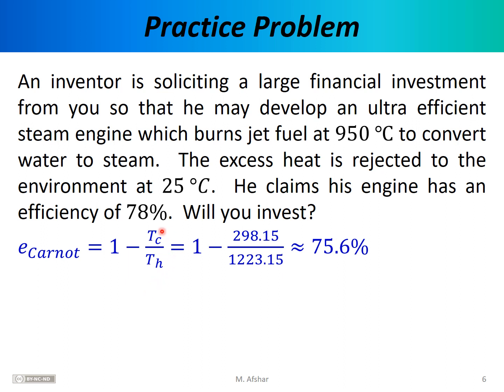These temperatures should be in Kelvin, so we need to convert from Celsius to Kelvin. 950 Celsius is equal to 1223.15 Kelvin, and 25 Celsius is equal to 298.15 Kelvin. Plugging these numbers into our calculator, we find that the efficiency of a similar Carnot engine would be 75.6%.